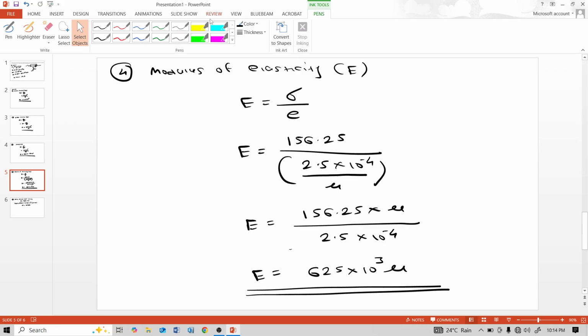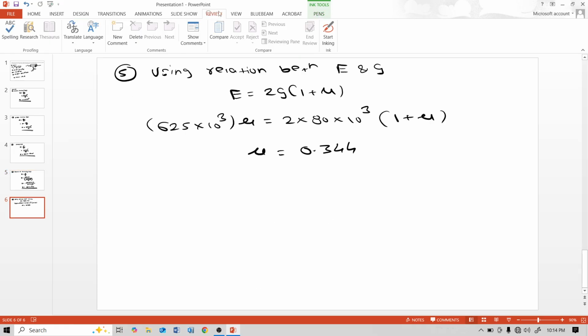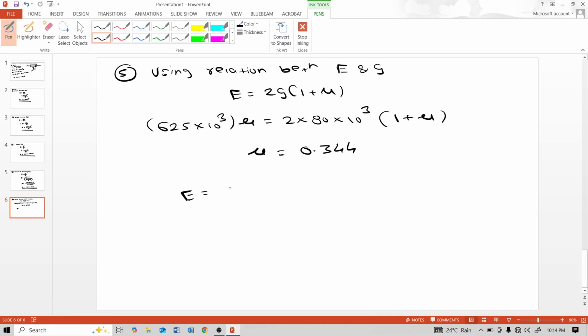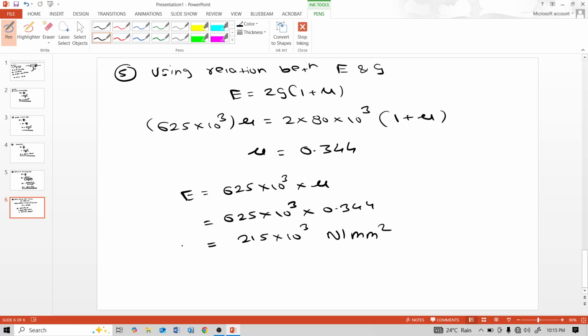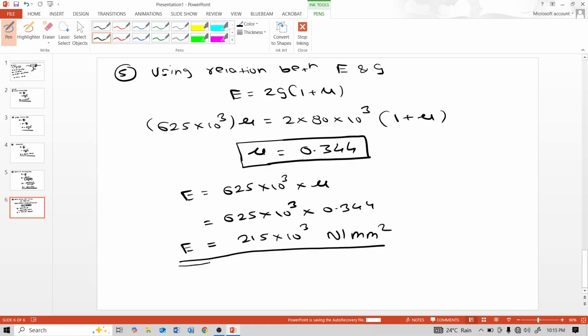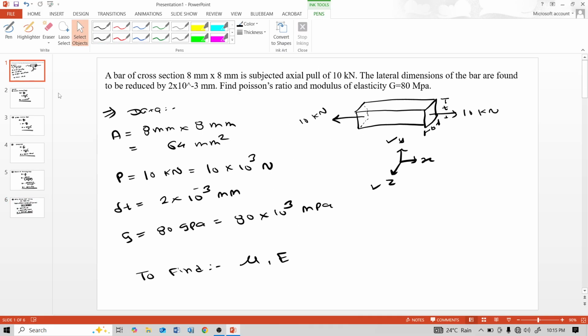E is equal to 625 into 10 raised to 3 into mu, which is 625 into 10 raised to 3 into 0.344, that is 215 into 10 raised to 3 Newton per mm square. This is E and mu. We find this. Okay.